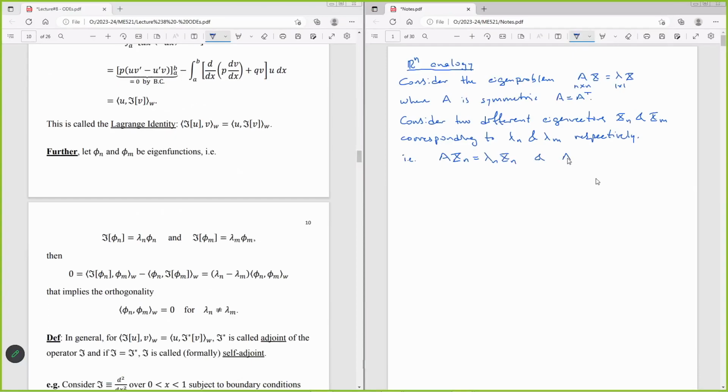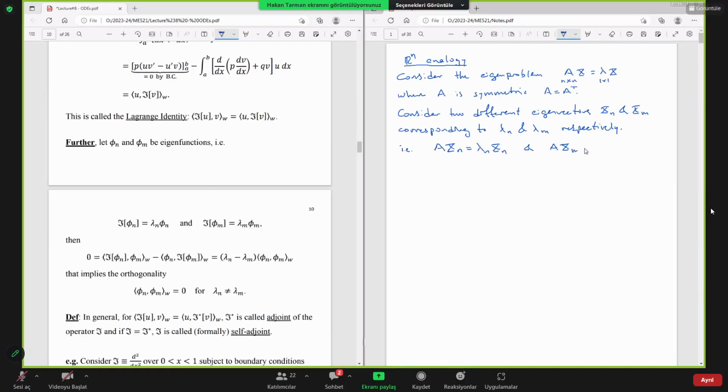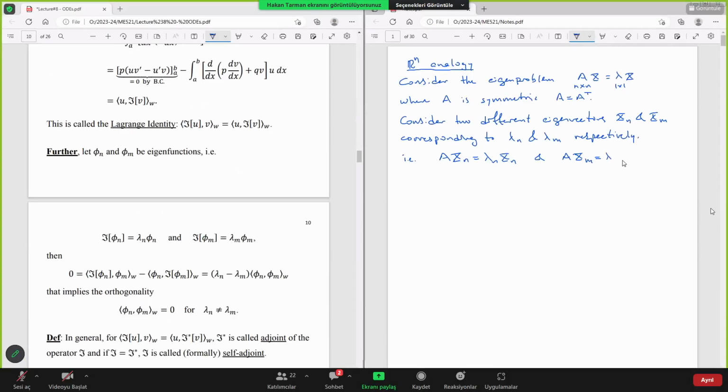And Axm is equal to lambda m xm, right? So two different eigenvalues, n is different than m. Okay, so let's form the inner product.